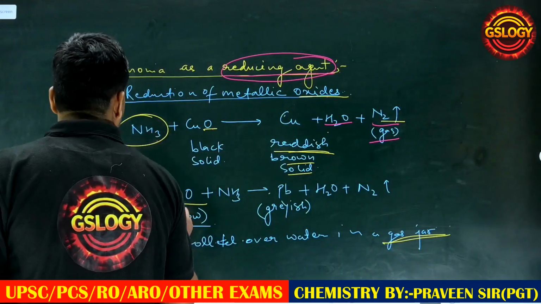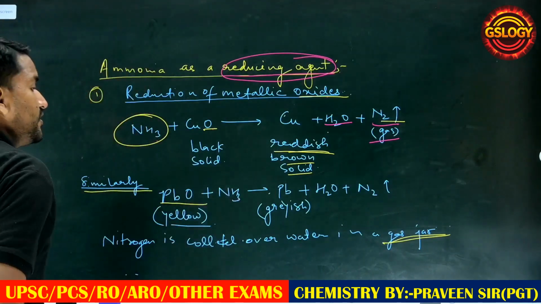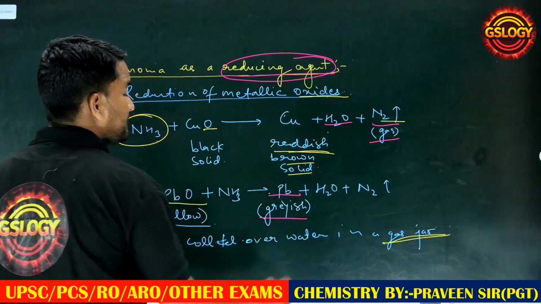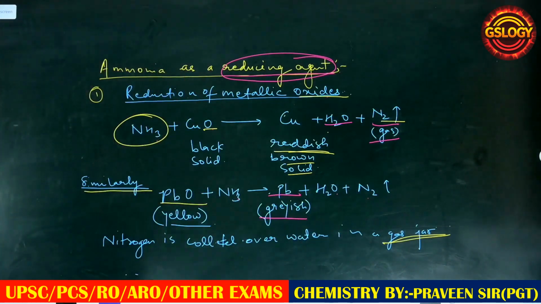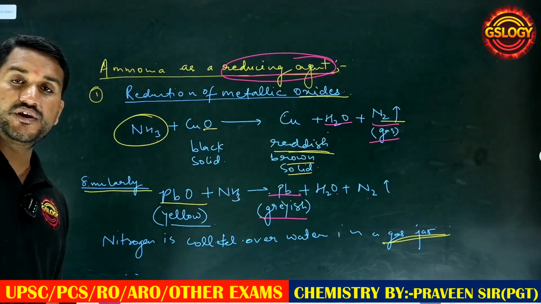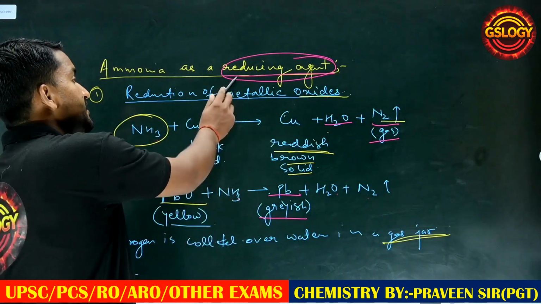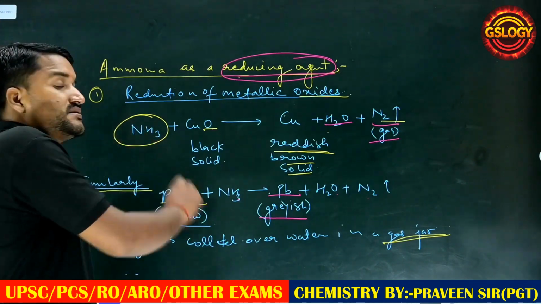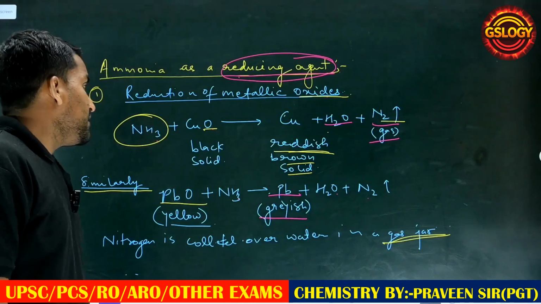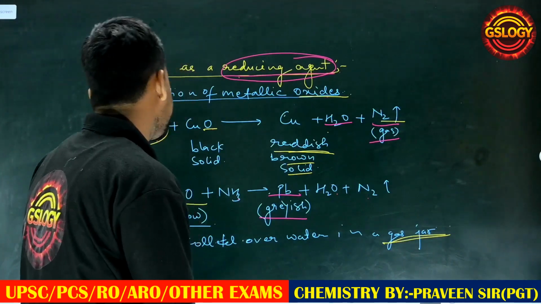Similarly, lead oxide reacts with ammonia to give Pb plus water plus nitrogen. Okay, so ammonia as a reducing agent is itself oxidized and reduces the others.